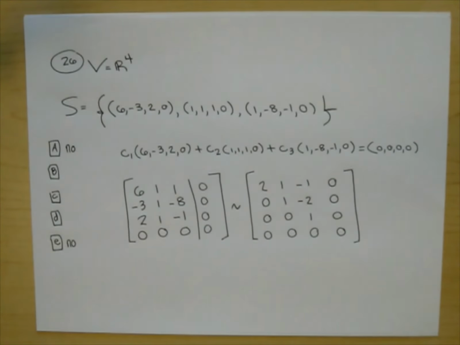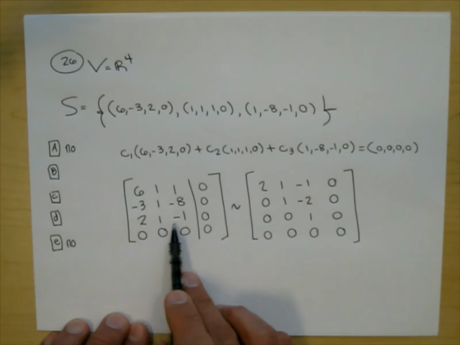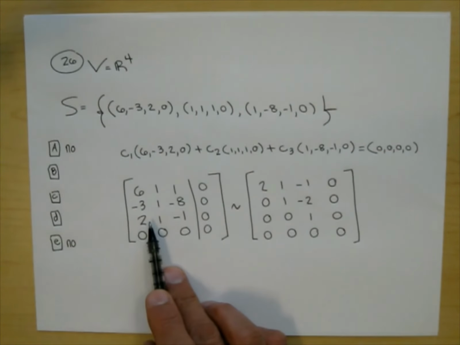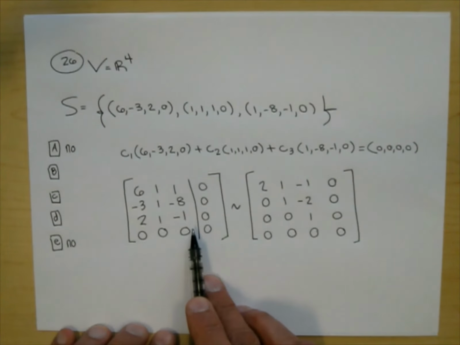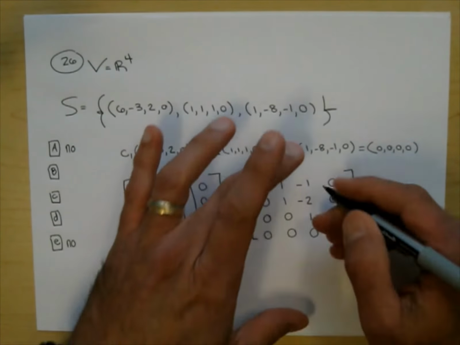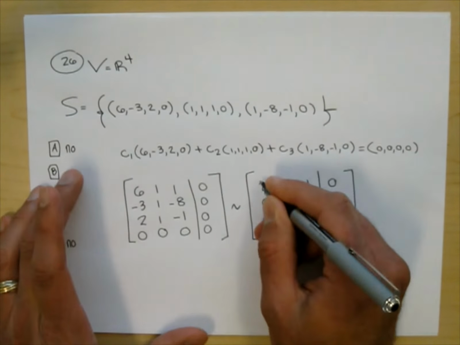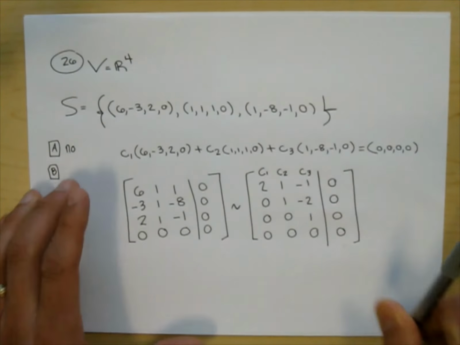So when I went to do the row operations, I realized that the 6, 1, 1, negative 3, 1, negative 8, 2, 1, negative 1, that happened to be in the last problem. So I'm pretty sure they did that on purpose, which made the row operations exactly the same as what I did in the other one, except there's another row of zeros. Well, then anyway, we have C1, C2, C3.